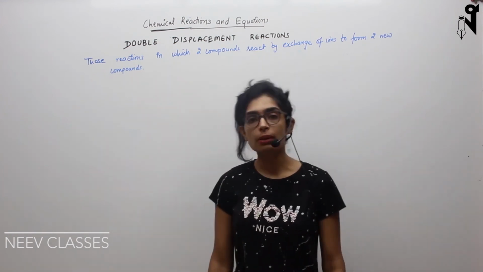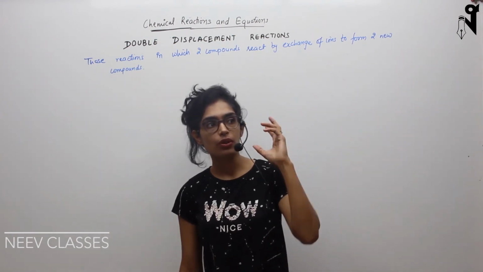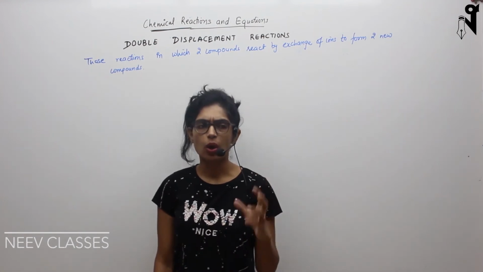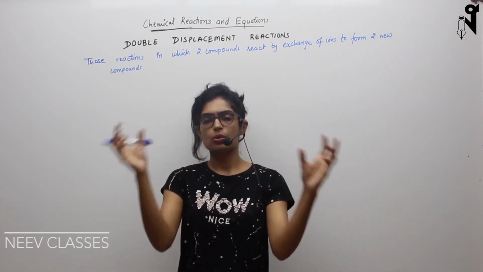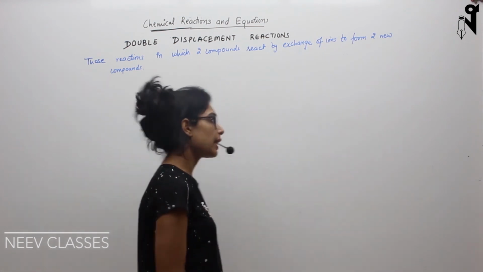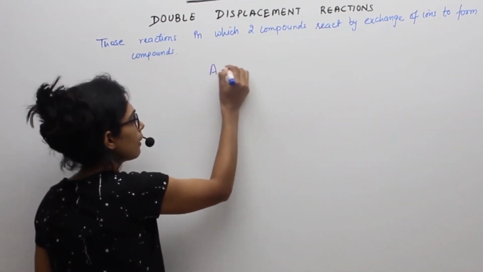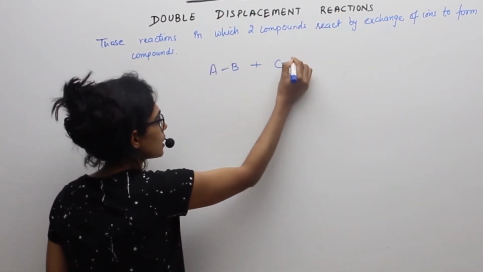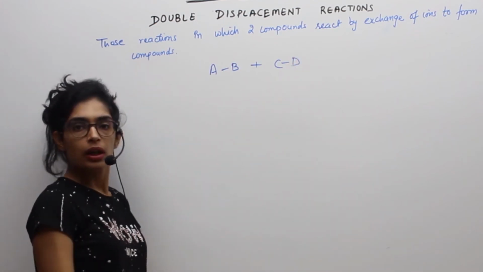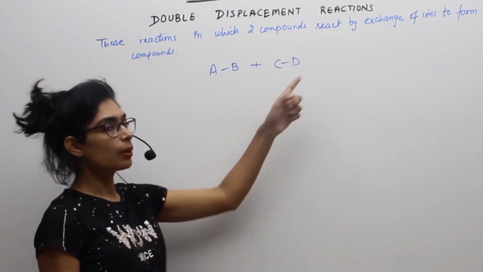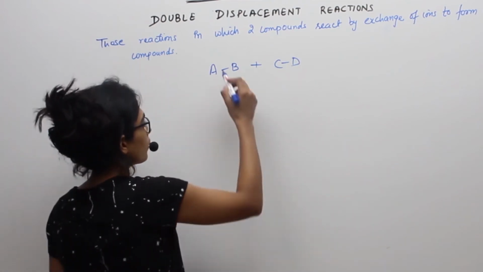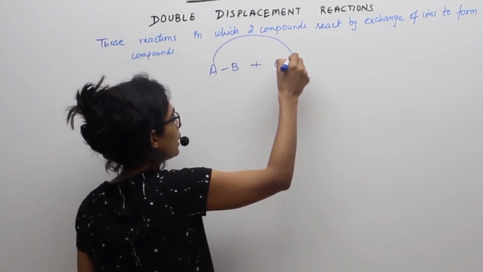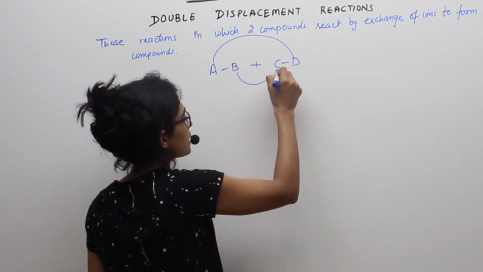Now we'll talk about the double displacement reaction. When the word says double displacement, that automatically gives us a hint that two things are displacing two other substances. So basically what exactly happens over here, let's say I have AB and I have CD. So displacement doesn't happen with just one pair, displacement happens with both the pairs. Basically, A and D form a bond and B and C form a bond.